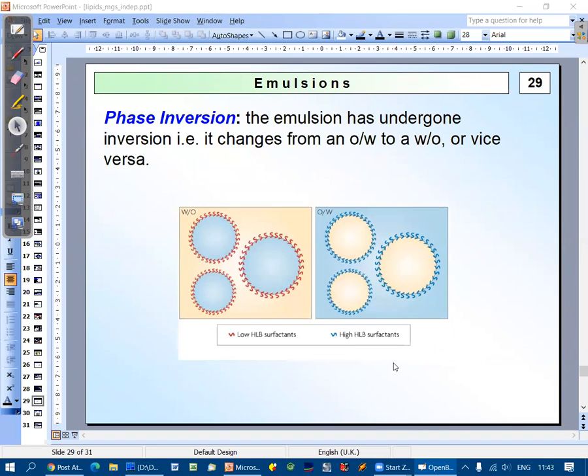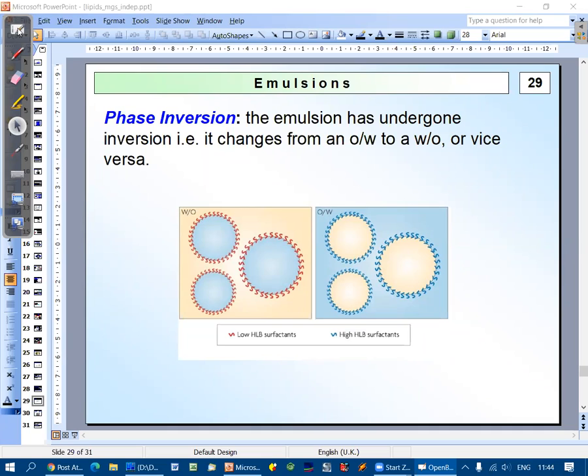Emulsions can undergo the so-called inversion, because if the type of an emulsion depends on the type of stabilizer, if you somehow turn a hydrophilic stabilizer into a hydrophobic one, you will automatically change the type of emulsion.